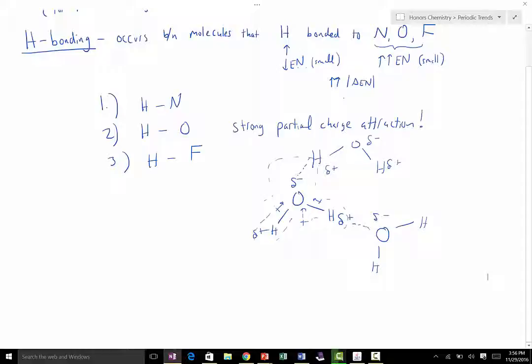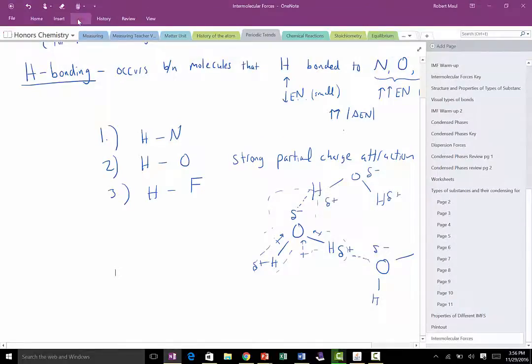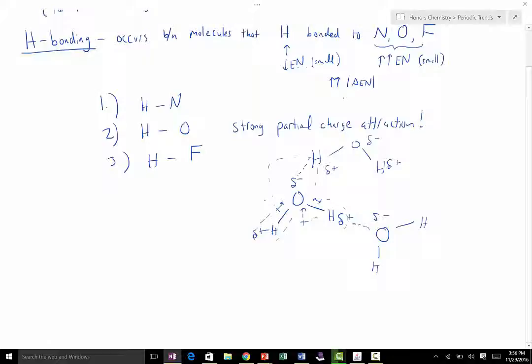So I'm going to draw a little arrow on here, in a different color, showing that hydrogen bonding is actually just a type of this. And that's called a dipole-dipole force.